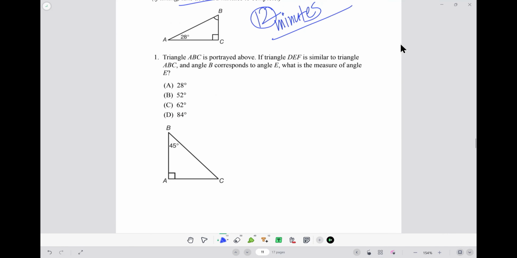You can solve any problem using any kind of method. It doesn't really matter which method you use to approach a SAT multiple choice question.